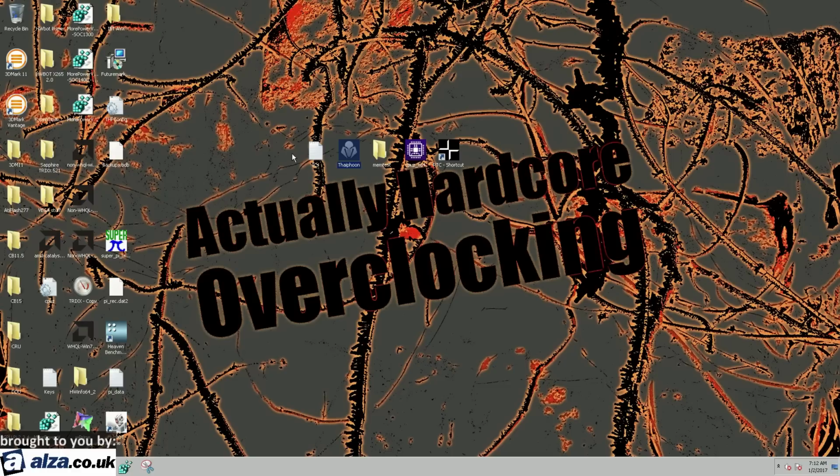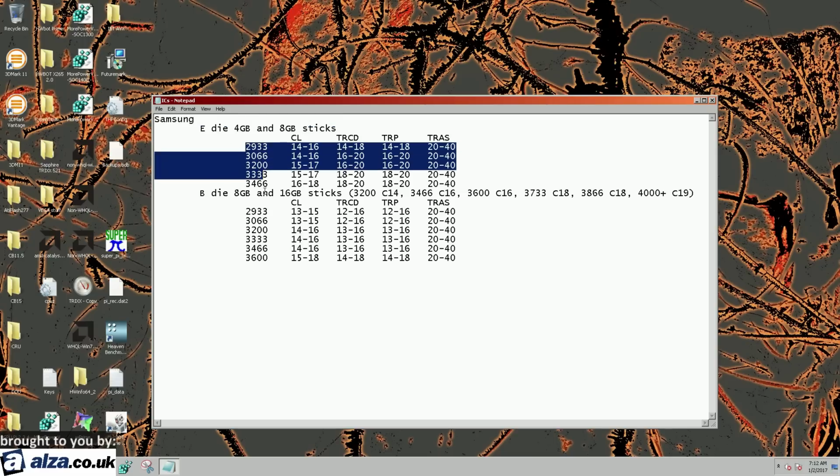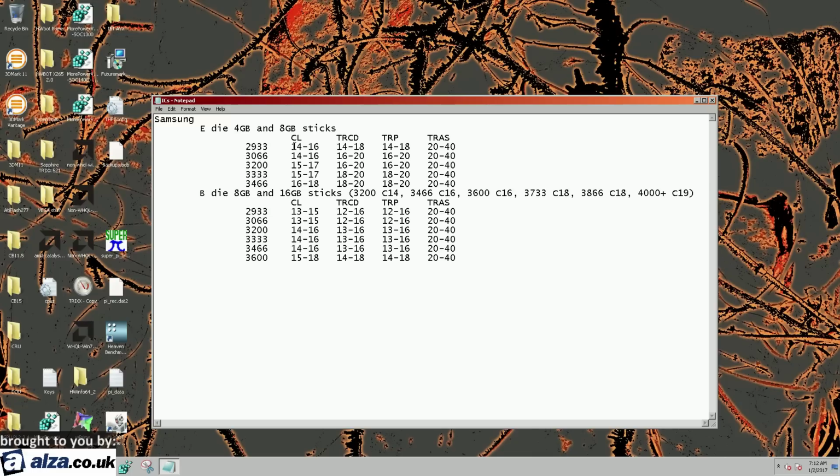So here's some basic guidance, which actually applies to most motherboards. If you have E-die, for these speeds, you're going to want to set timings in these ranges. And everything's a range because with RAM overclocking nothing's set in stone.